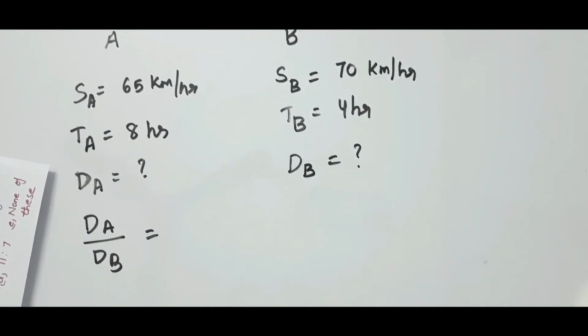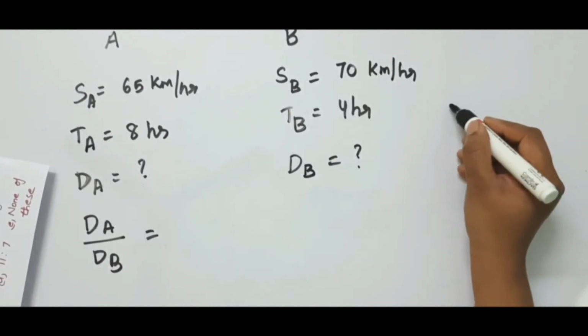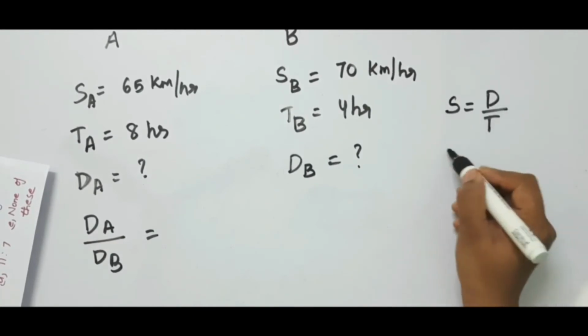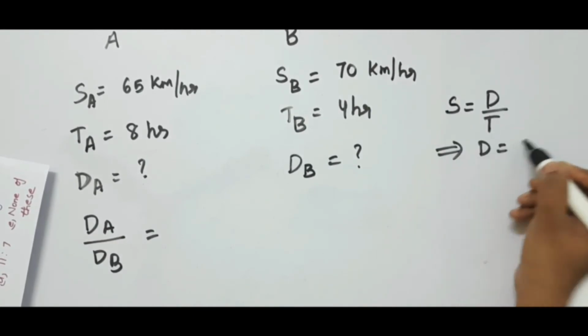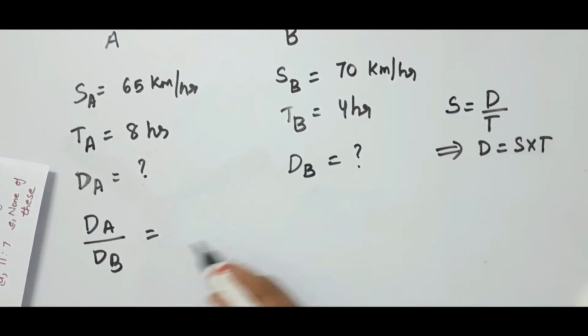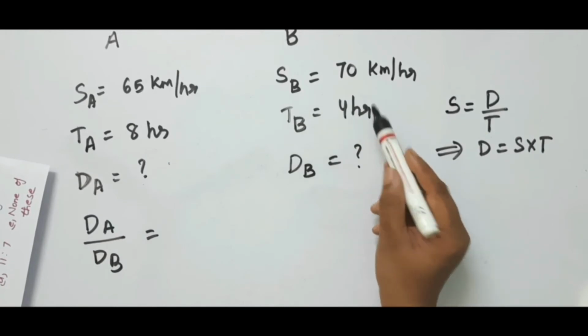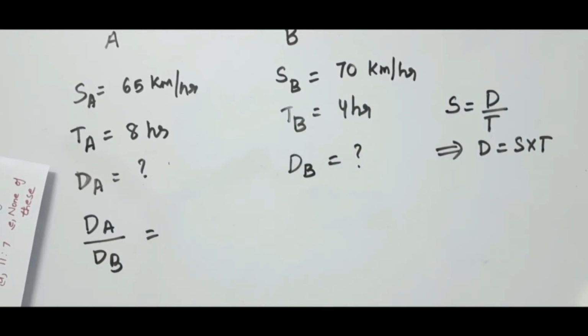But we already learned the formula that speed is equal to distance by time. So if we need distance, it is nothing but speed into time. We have speed and time for car A, speed and time for car B. So we can easily find the ratio, is it not?